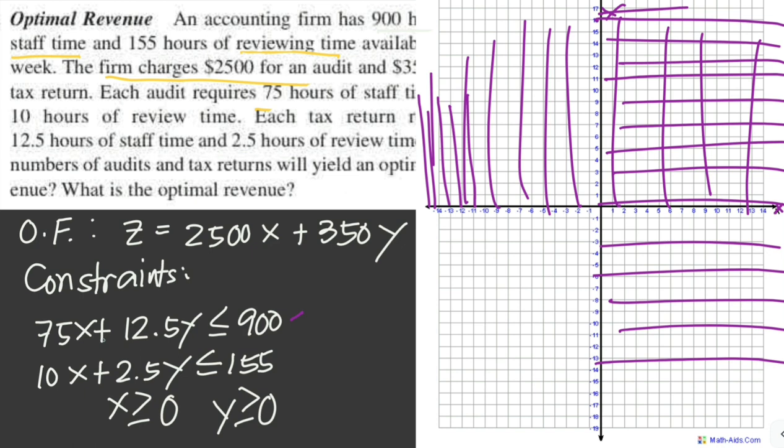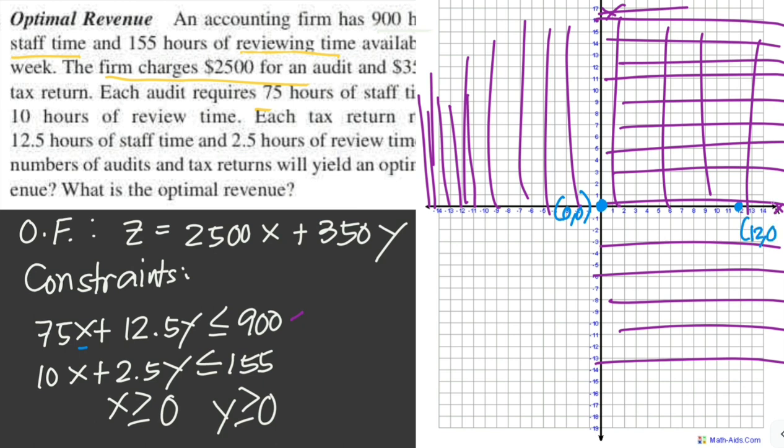So we can assign values for our x to solve for y. Let's say our x is 0. When x is 0, then y is equal to 0. So this is (0, 0). And then when x is 12, then y is 0. So this is (12, 0).